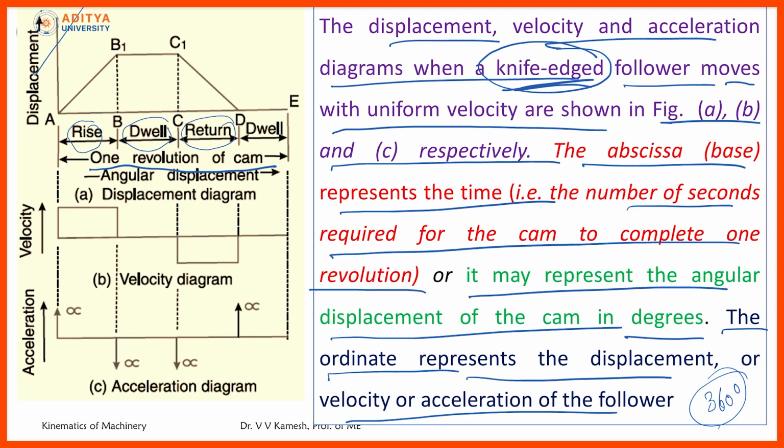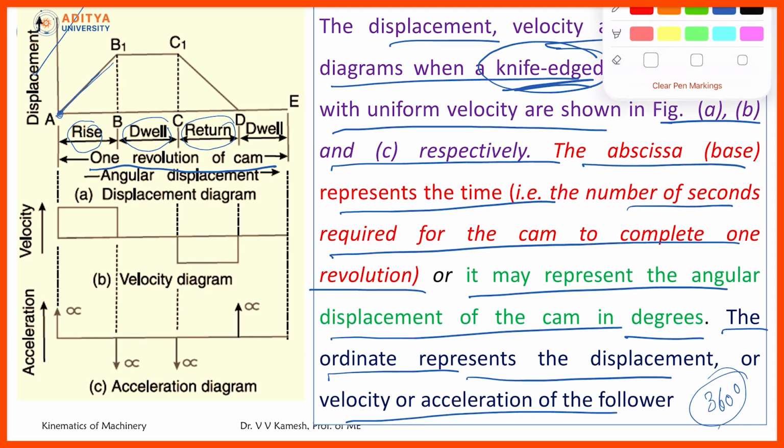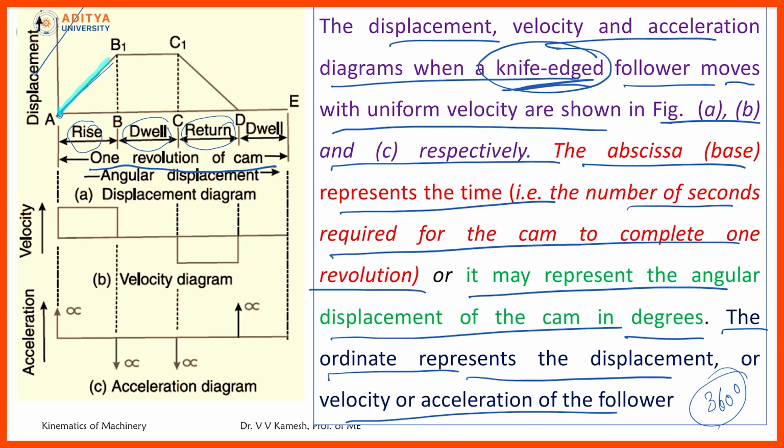Rise means the point of contact between the cam and the follower is moving up; basically the follower is moving up. Slowly, steadily, with uniform velocity, the displacement moves in the upward direction. That is why we show here A to B, uniform velocity.